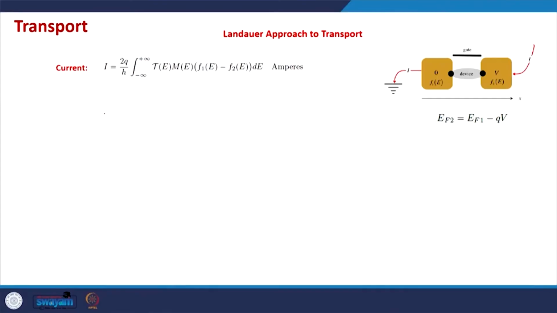If you remember, the basic equation of the current that comes from the general model of transport is this.